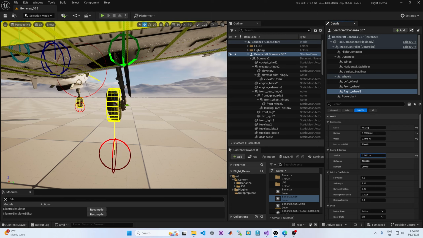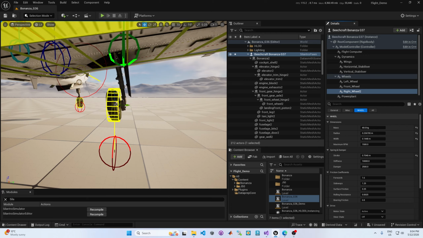So if I increase this, what I'm telling the system is that the hydraulic system attached to the gear that this wheel is also attached to is X meters long, or has X amount of possible displacement. So your gear hydraulics can move along this line and can have this much possible compression.